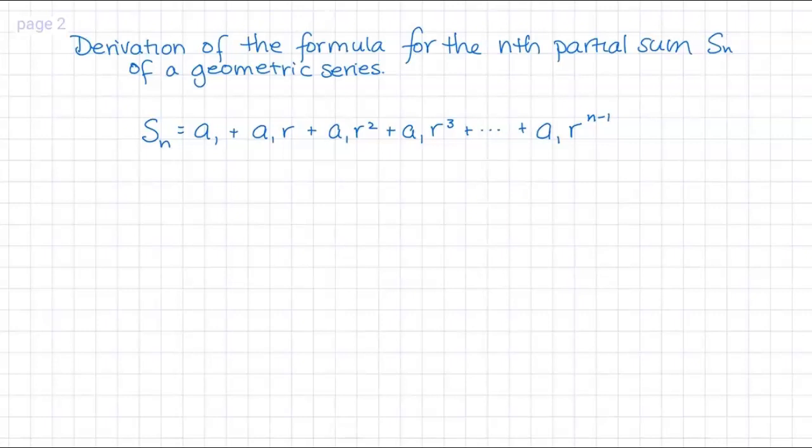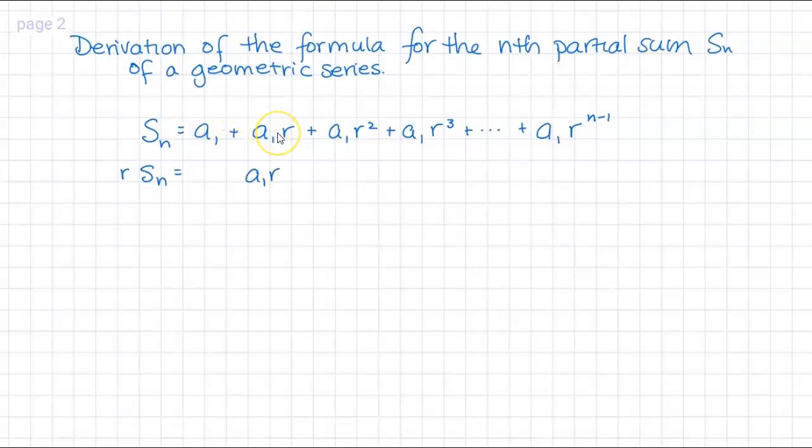So what I'm going to do is take that same formula, but multiply both sides by r. So I'm going to multiply this side by r, and I'm going to multiply the entire left-hand side by r. But I'm going to write it in a convenient way. The r would actually distribute to all of these terms. If I multiply this term by r, that's going to become a sub 1 times r.